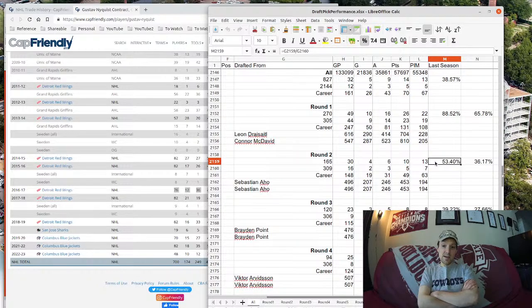Now, the other thing I would say is to consider the expected performance across the rest of the round. If you're going to be getting any of those other picks, what's really the difference between a second round, third round, fourth round, and so on? So let's just have a look at that.